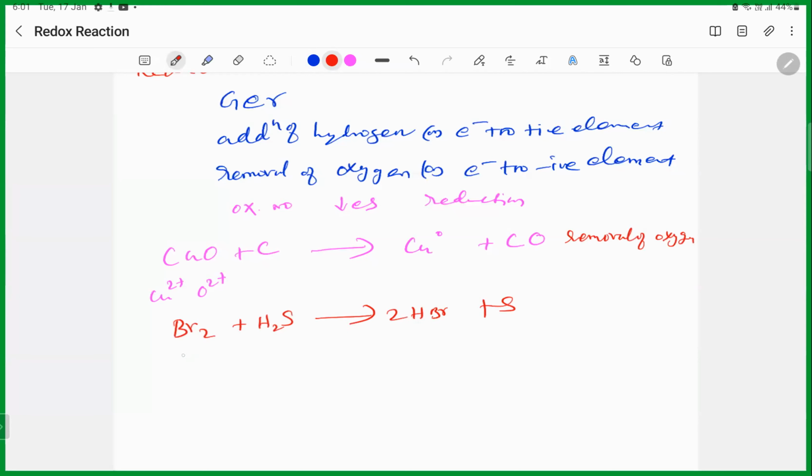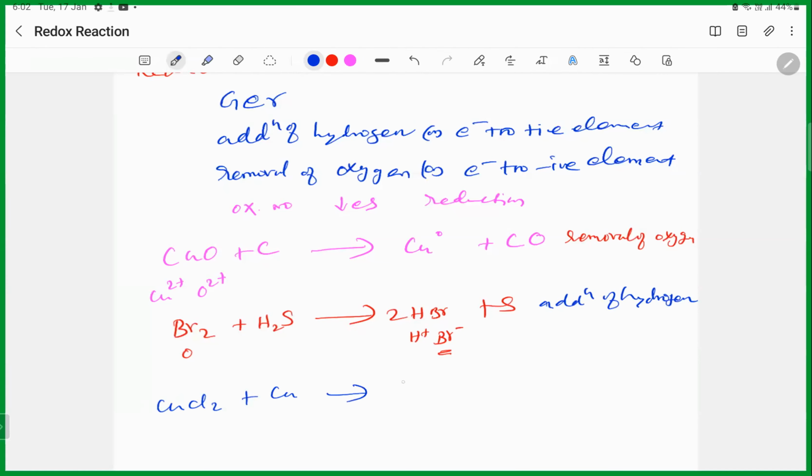Look here, Br2 is 0, and it becomes H+ and Br-. So there is a decrease in the oxidation number. That's why addition of hydrogen is also called reduction.